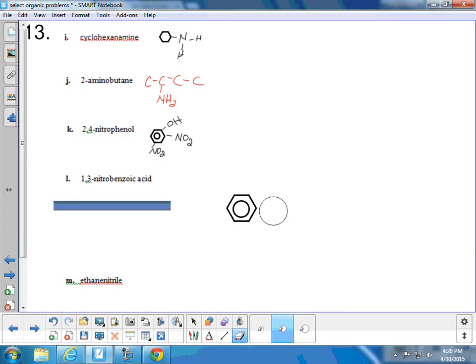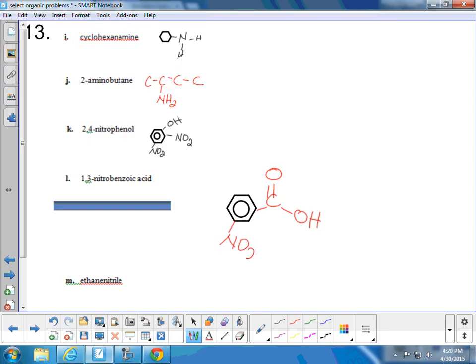So this is kind of an exception to the rule, and one of the only exceptions you'll see in organic. We have to attach a carbon and then a double bonded oxygen and an OH. And this only happens with carboxylic acids that are attached to some kind of shape. All right, so the carboxylic acid is on the first carbon, and then we put a nitro on the third carbon. So that is our 3-nitrobenzoic acid.